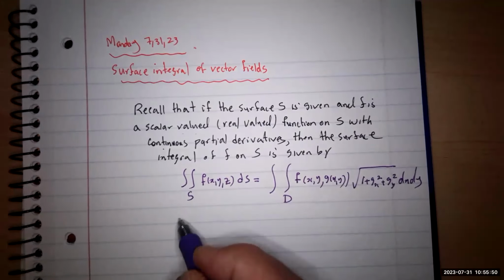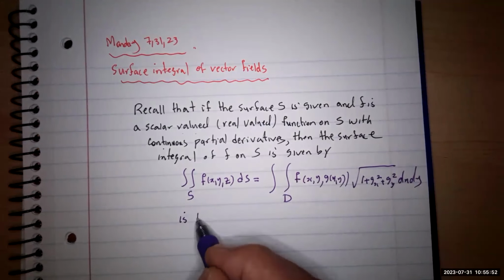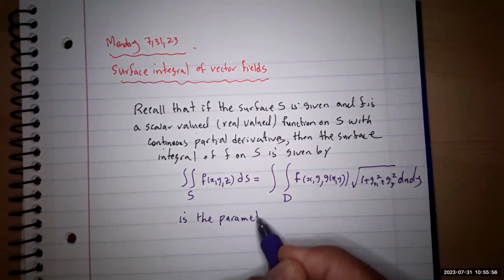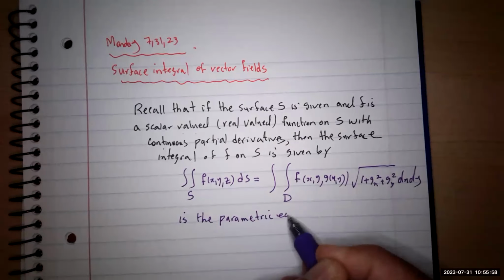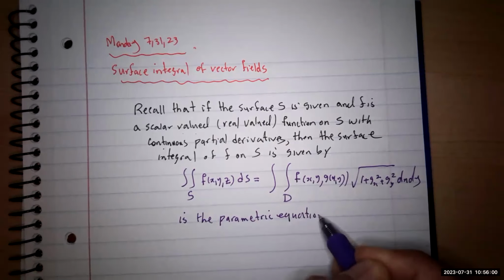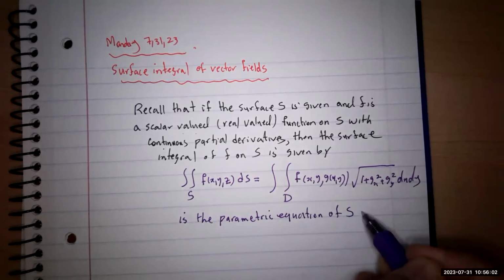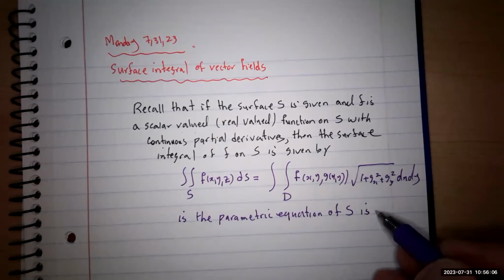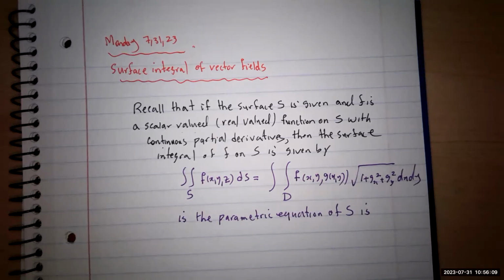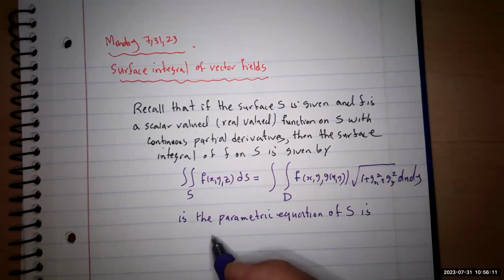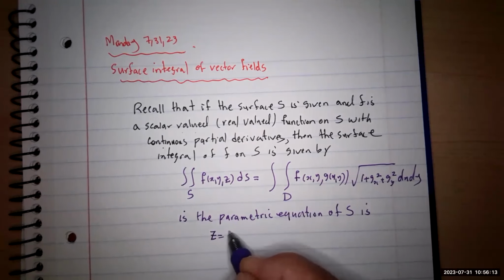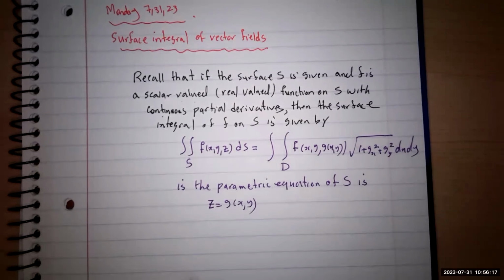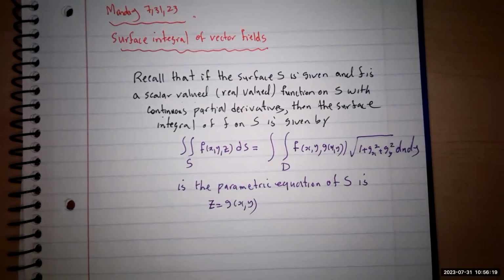This is if the parametric equation of S is in the form z equal to g of x comma y. You know that this is the surface of this function.